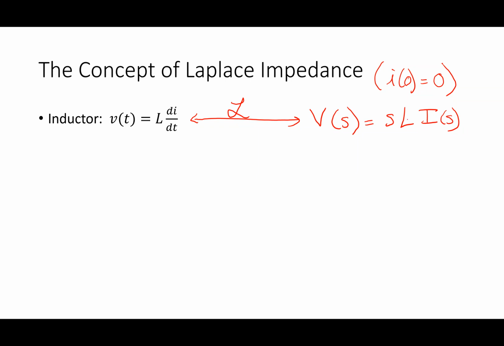But looking at this again, it looks Ohm's law-ish, doesn't it? I have a voltage equals SL times I, right? Voltage equals something times current. That looks Ohm's law-ish, right?